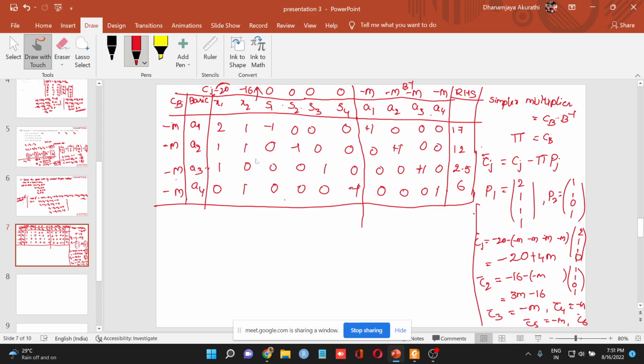This would enter the basis, x2, and the next thing is to find out the leaving variable. Here the pivotal column is related to x2 only.